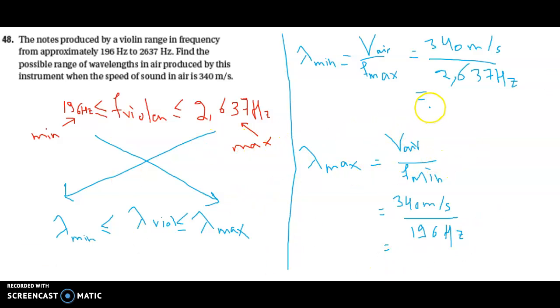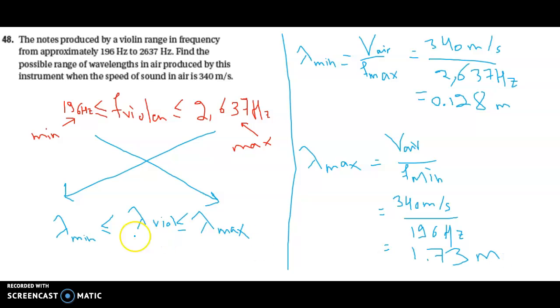And the other one is 340 divided by 196, which is 1.73 meters.